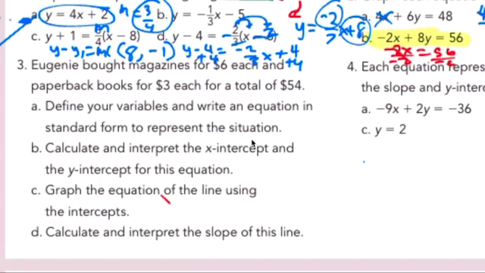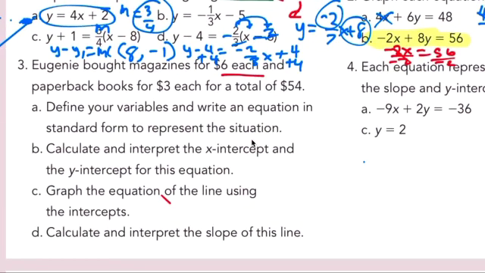3, Eugene bought newspapers, $6 each, and paperback books, $3 each. So let's say 6x for the magazines, 3y for the paperback books, for a total of $54. So write and define in standard form.